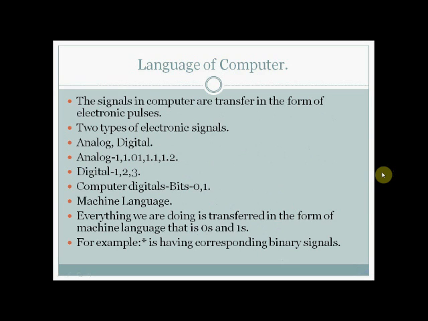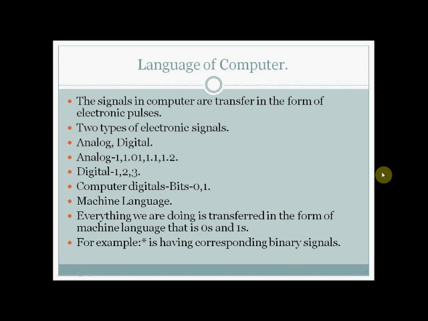For example, from 1 to 2, you don't need to pass through the number 1.1. Computer digitals are bits, that is 0 and 1. They are called binary, and each digit, that is 0 or 1, is called a bit.